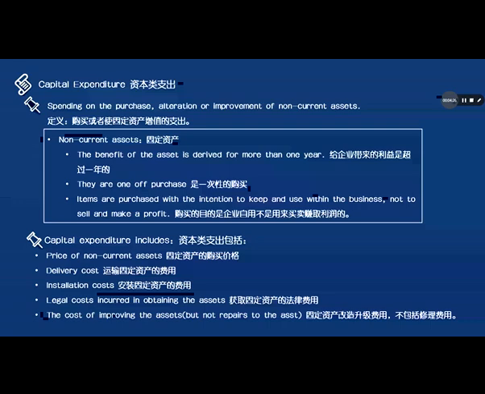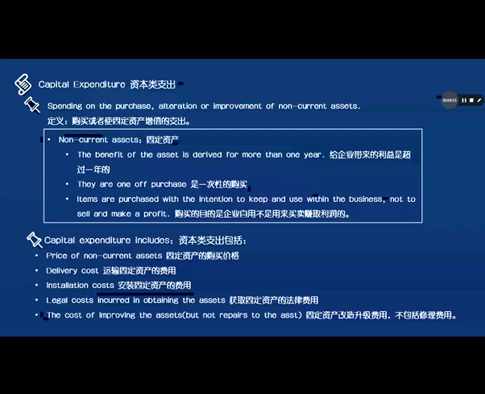So for example, we repaint the office, we change the floor of the office, of the building, of the factory, of the plant. We add new engine to the machine, right? So all this adds value to the non-current asset. So all the expenditures that add value or create a non-current asset are recognized as capital expenditure.